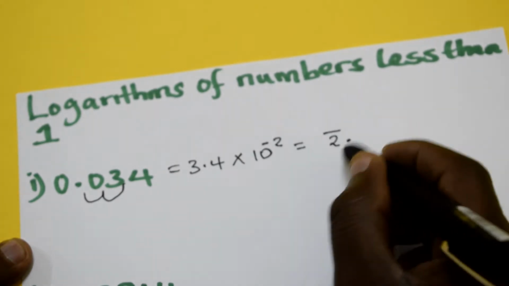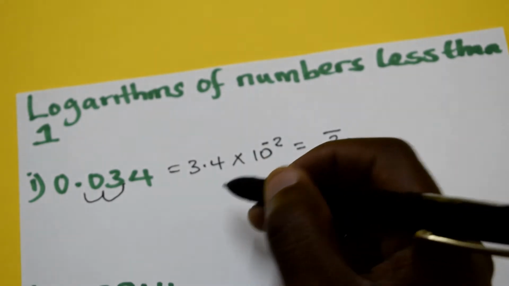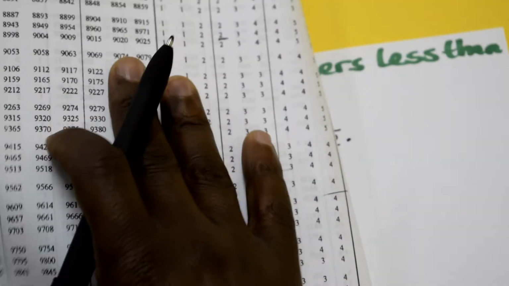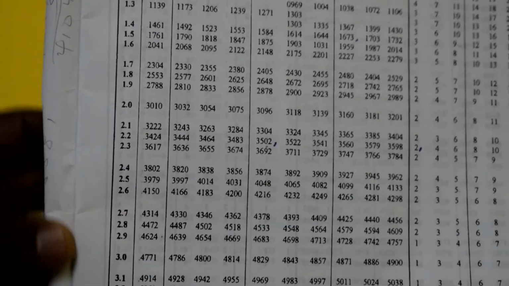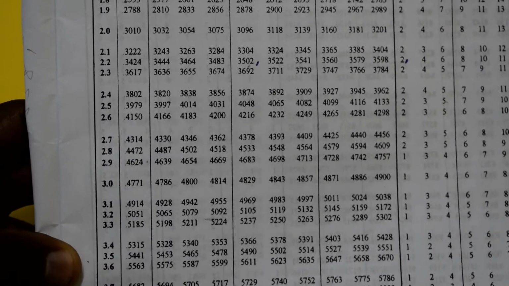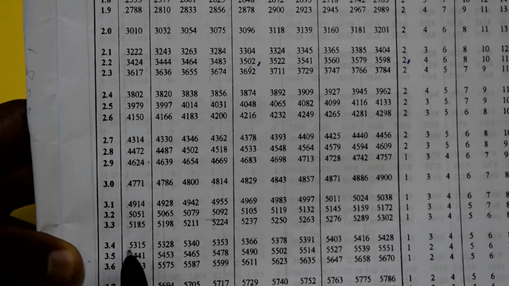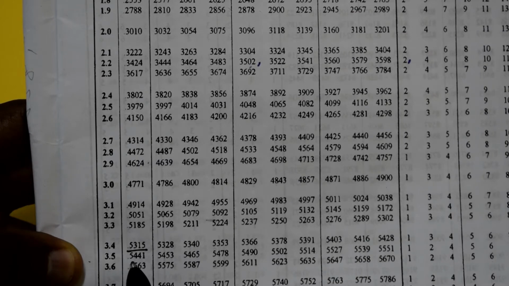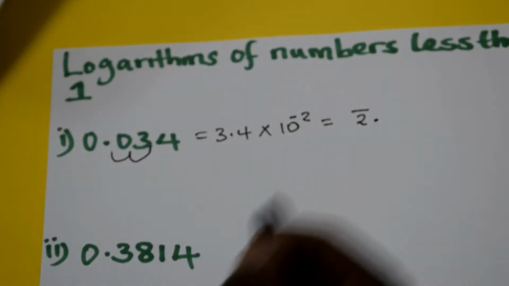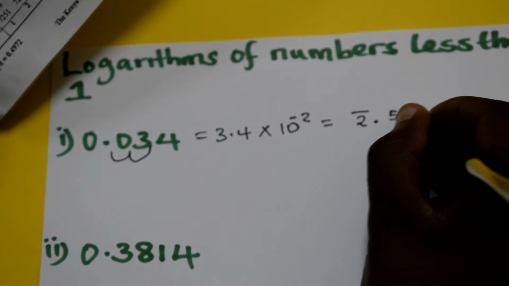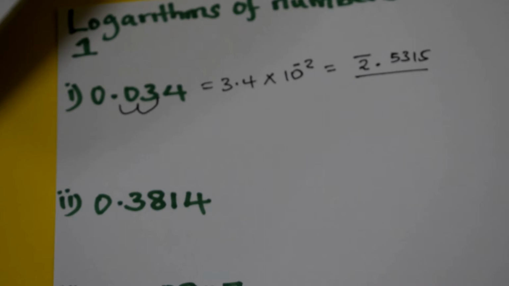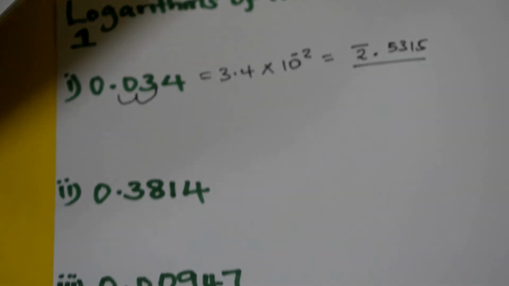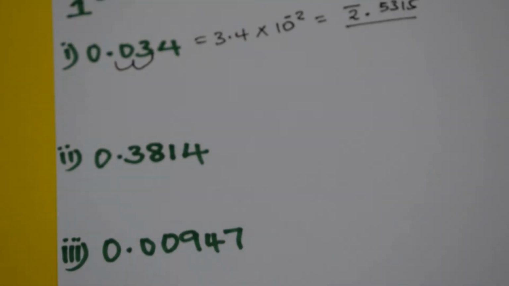Remember, the number's power is negative, but the mantissa from the table is positive. So we go to 3.4, and at 3.4 we have 0.5315, and that will give us the logarithm of 0.034.